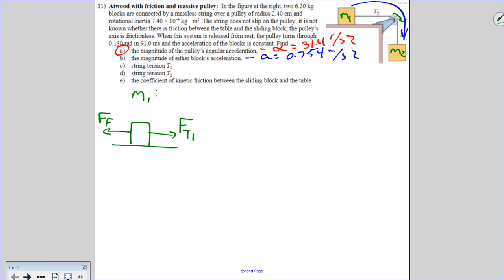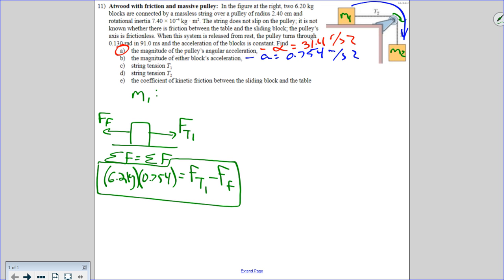Net force equals mass times acceleration, so my mass, 6.2 kilograms, times my acceleration of 0.754 has got to equal the force of tension 1 minus my force of friction. That is one equation.